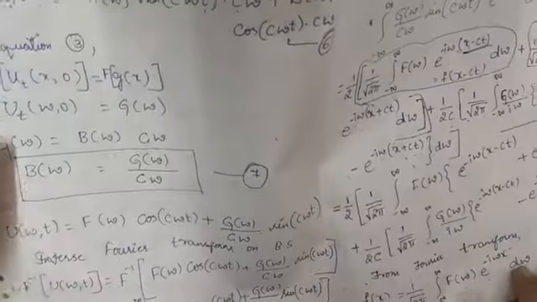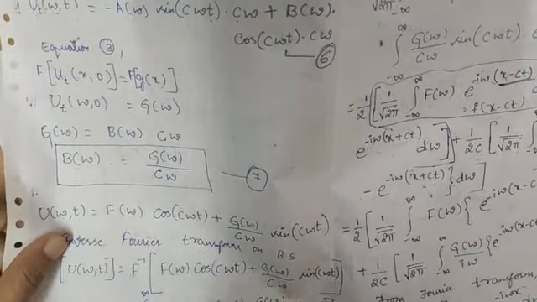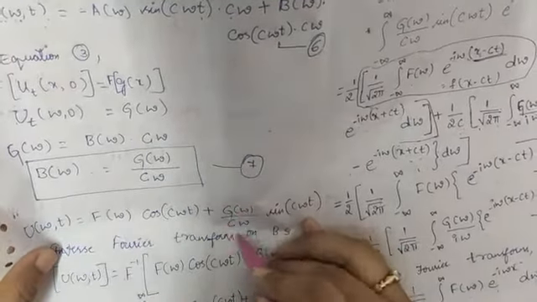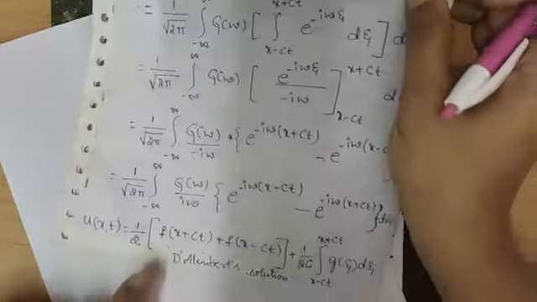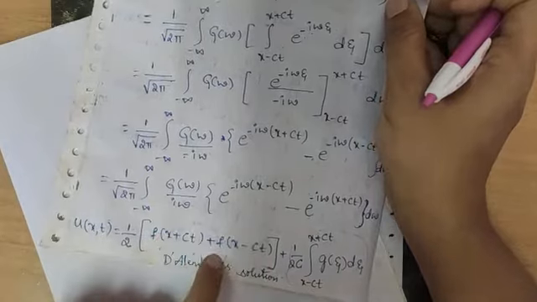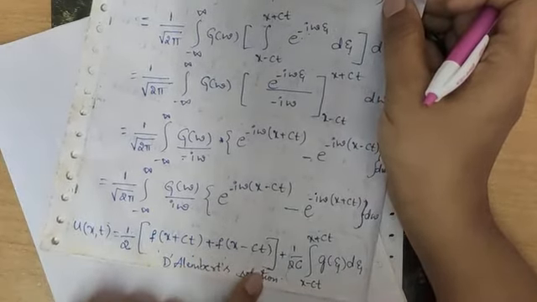So you will get only f of omega terms. You will not get this g of omega by c omega. That's why your final solution will be just 1 over 2 f of x plus ct plus f of x minus ct. This is all about Fourier transformation, that is, the general Fourier transform.